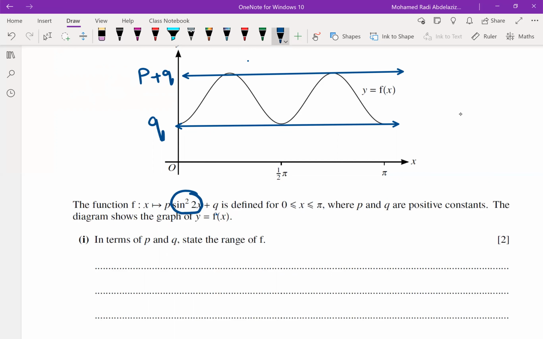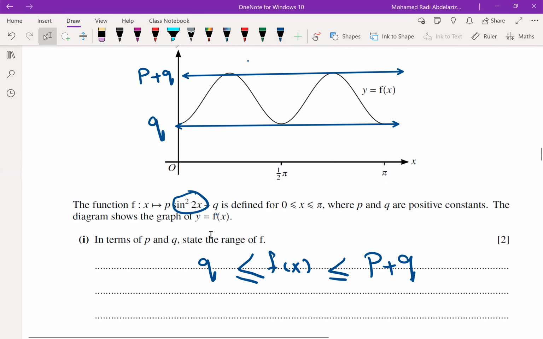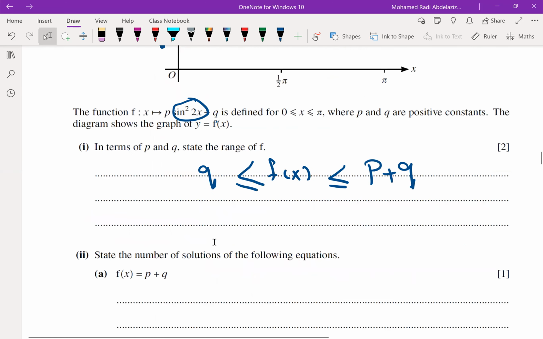Now it's clear. You can identify the range of this function in terms of p and q. This is part 1: in terms of p and q, state the range of the function f of x: more than q and less than p plus q.